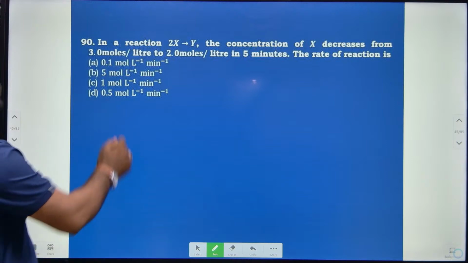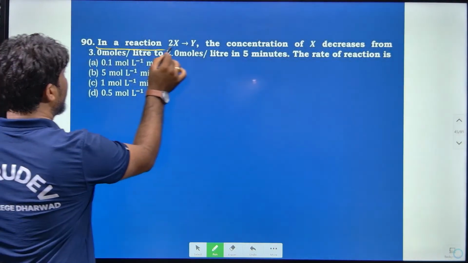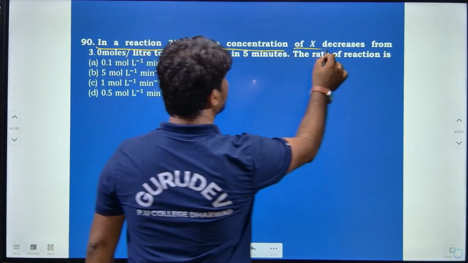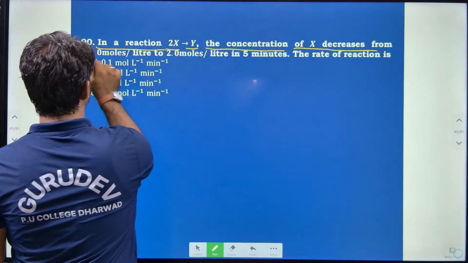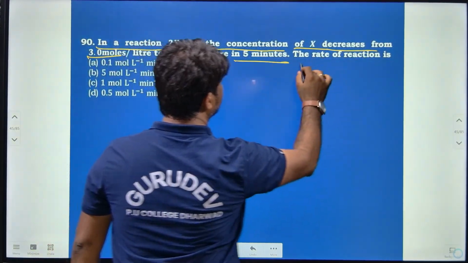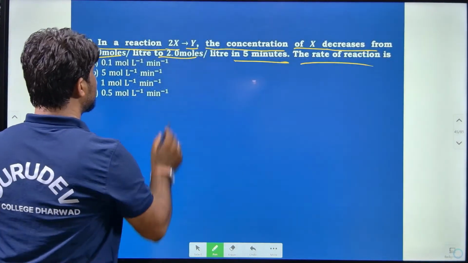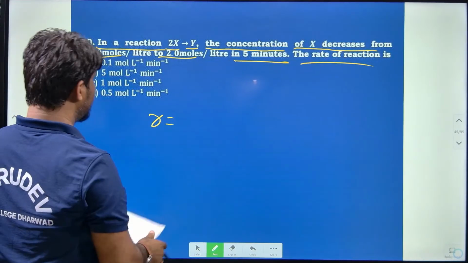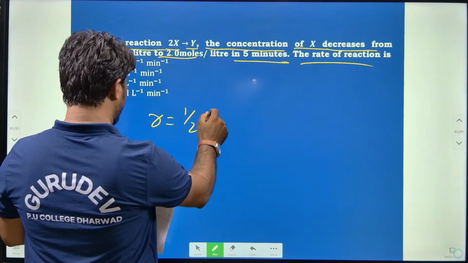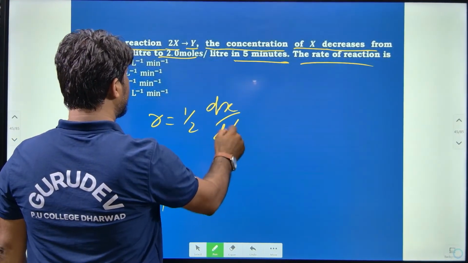Go to the last question. In the reaction 2X gives Y, the concentration of X decreases from 3 moles per liter to 2 moles per liter in 5 minutes. The rate of the reaction R is equal to 1 by 2 into dx divided by dt.